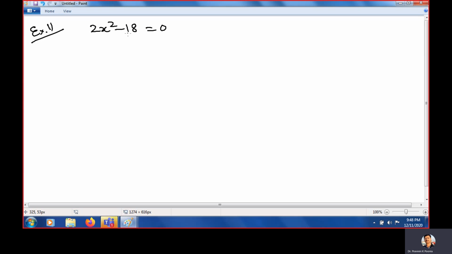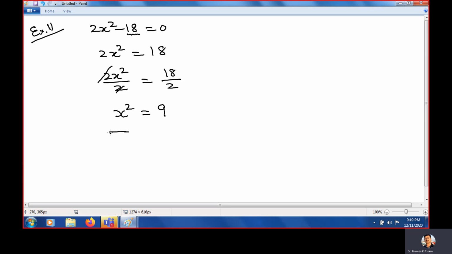Only a little problem is there. Here you need to take 18 to the right hand side: 2x square is equal to 18. Now divide by 2. 2x square upon 2 is 18 upon 2. 2 cancelled by 2. So we get x square is equal to 18 by 2, which is 9.